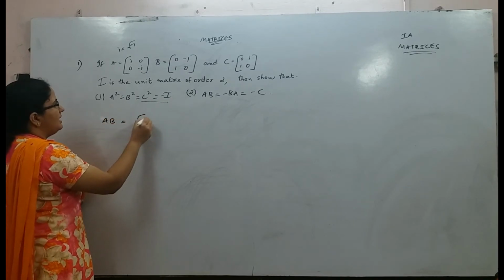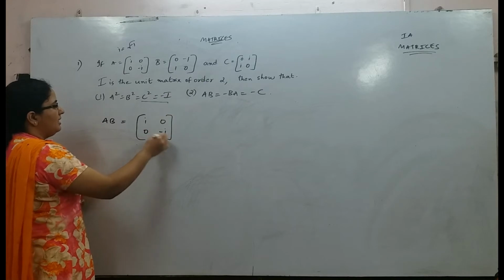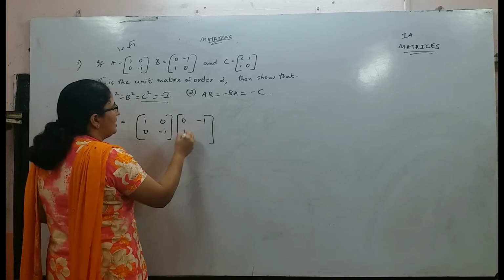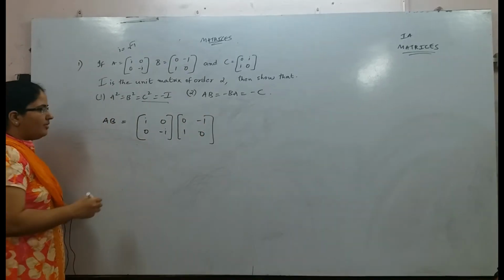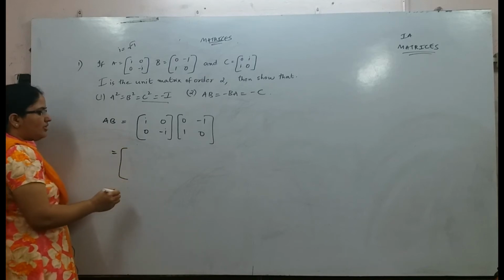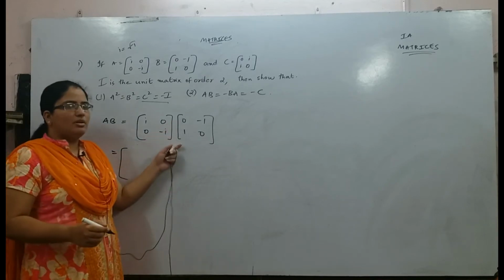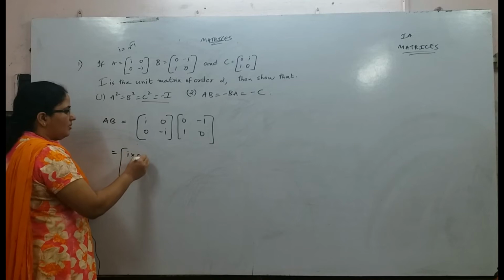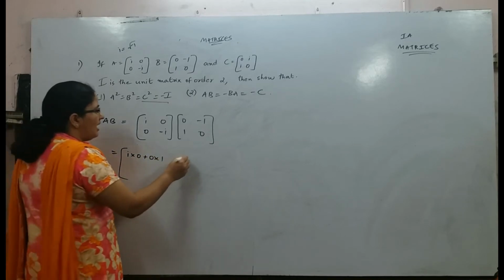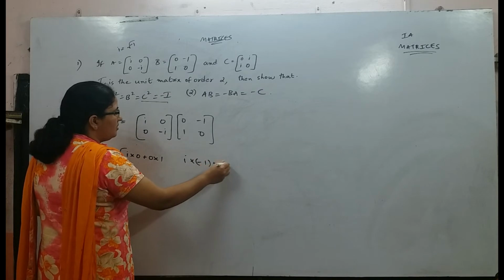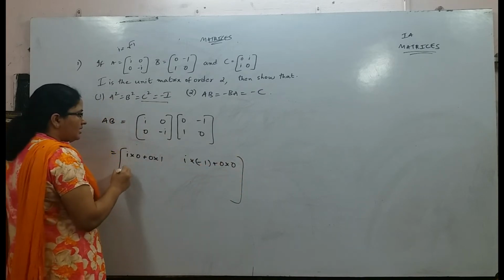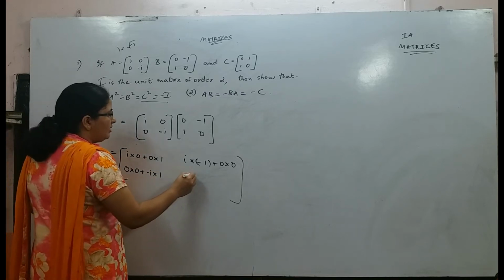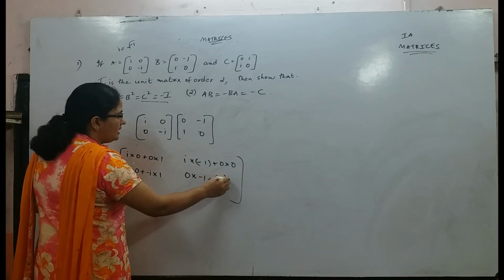What is AB? [i, 0; 0, -i] into B. What is B? [0, -1; 1, 0]. This is B. Now you have to multiply A and B. Again you will use first row first column, first row second column, second row first column, second row second column. Right. So what do you get here? i into 0 plus 0 into 1, i into minus 1 plus 0 into 0, 0 into 0 plus minus i into 1, 0 into minus 1 plus minus i into 0.